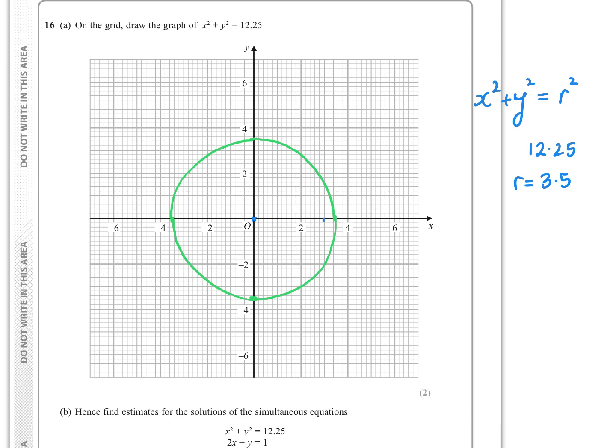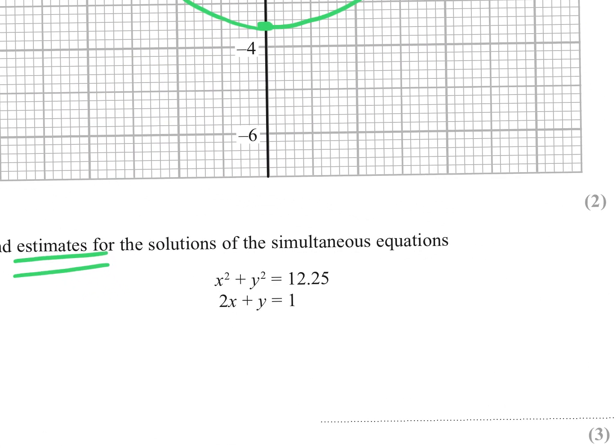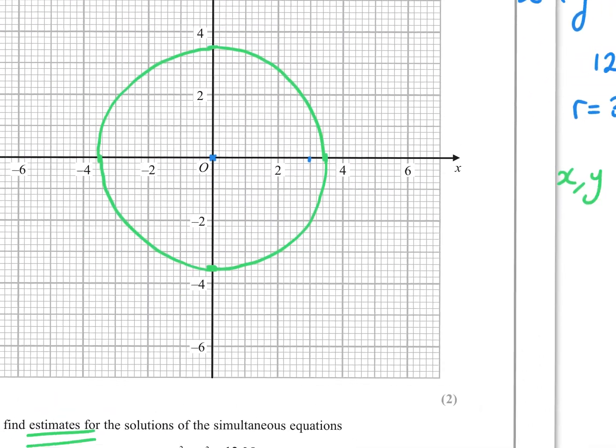And now we've got to find estimates for the solutions of the simultaneous equations, so we want to find values of x and y, so I would say coordinates, because we have to see where this line here, 2x plus y equals 1, meets that circle. So let's try and rearrange 2x plus y equals 1.